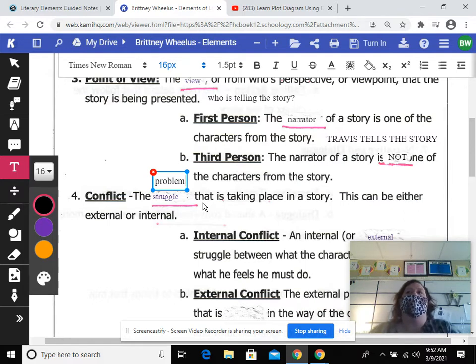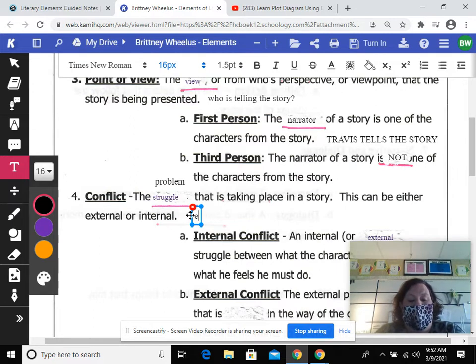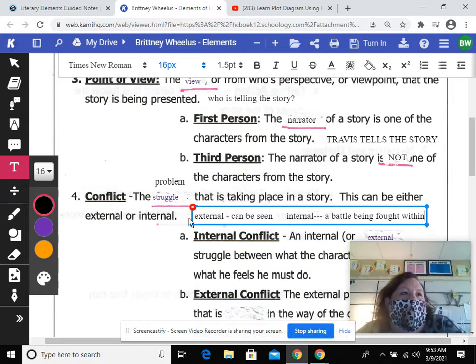Now, can anyone tell me the difference between external and internal? External is something that can be seen. Internal is a battle being fought within. It's something that's not visible or easily seen.